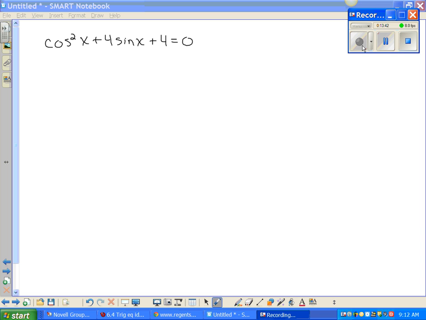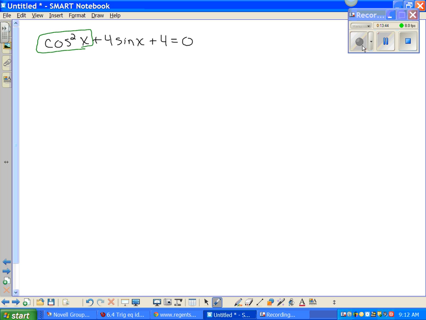Okay, so again, we're saying this is being replaced with what? Yeah, 1 minus sine squared x plus 4 sine x plus 4 equals 0. Okay, so we're making that substitution so that we can get it all in terms of sine so that we can factor it. All right, so what's my next step?